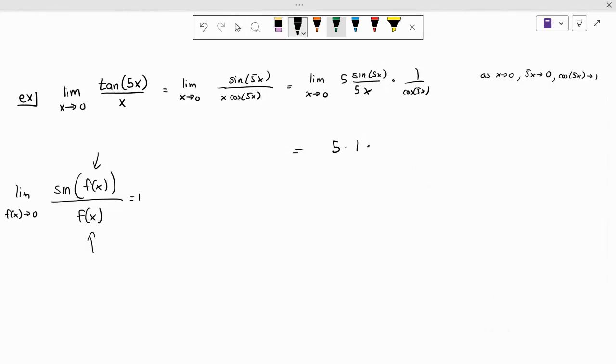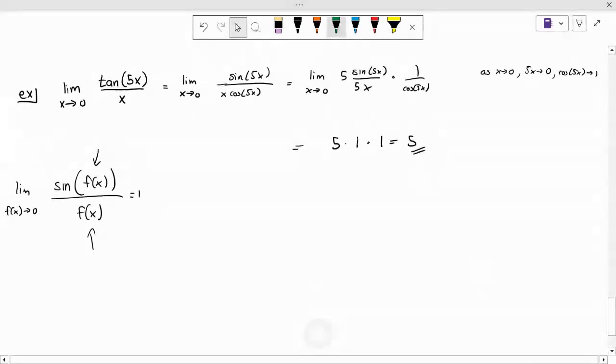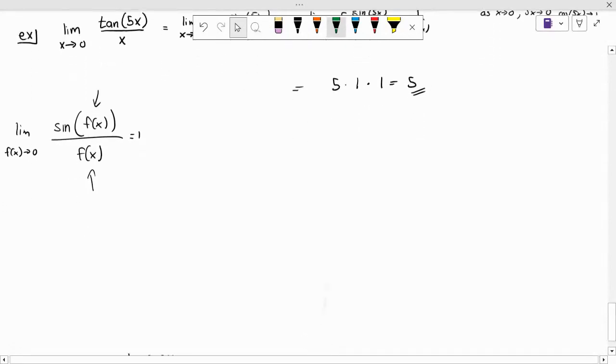And the limit of the third factor here is just 1 over 1. So 5. Okay. Right, so you'll be manipulating stuff so that you can use your special trig limit.